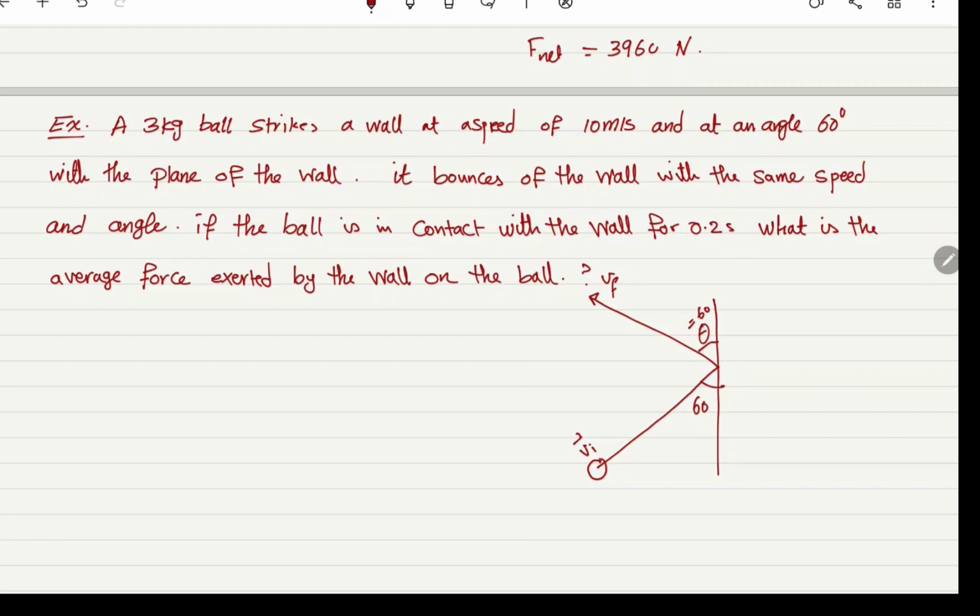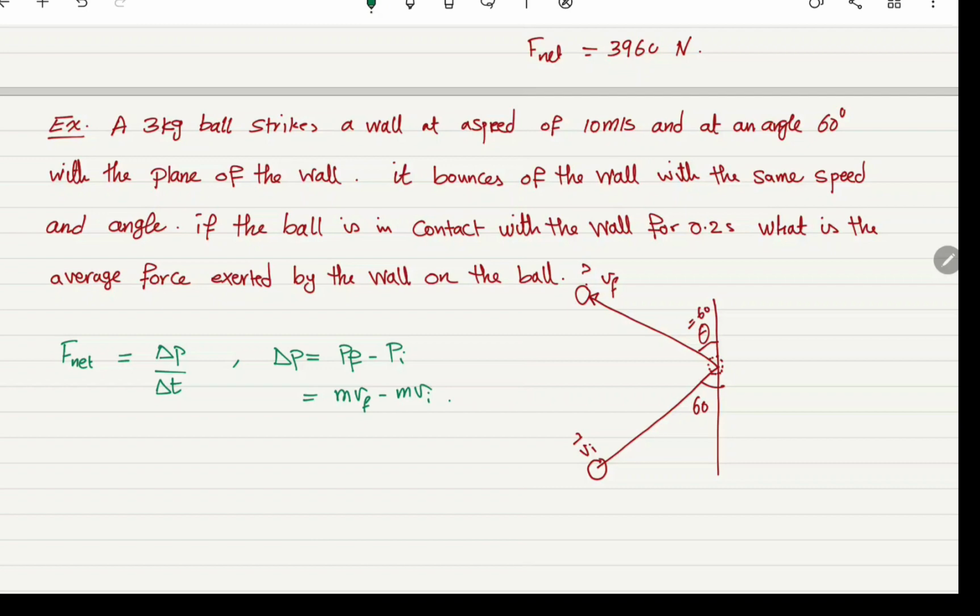Now if the ball here is in contact with the wall for 0.2 seconds, what is the average force exerted by the wall on the ball? Now F net equals delta P over delta T, and delta P equals P final minus P initial, which equals M V final minus M V initial.